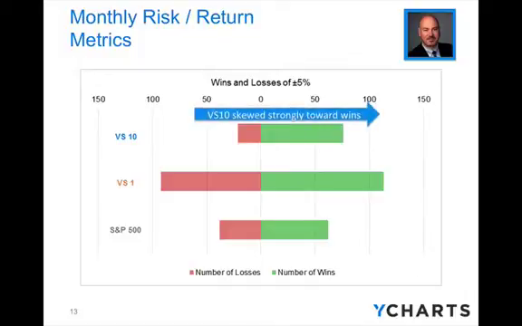You can see that the VS10 is skewed strongly towards the wins. It has a much larger green section than it does a red section. The VS1 is more evenly balanced, and the S&P 500, while it's still skewed, is skewed a lot less notably than the VS10 group, and it's also got a lot fewer large wins.